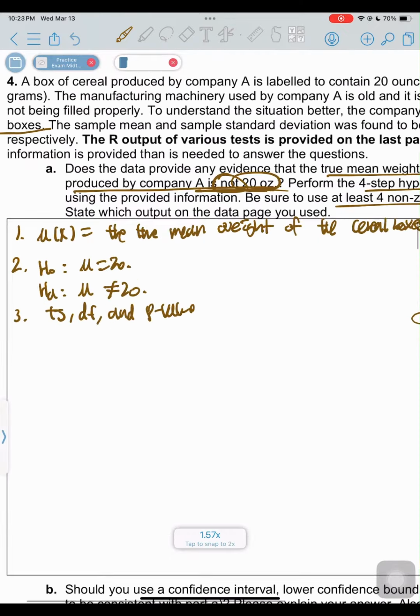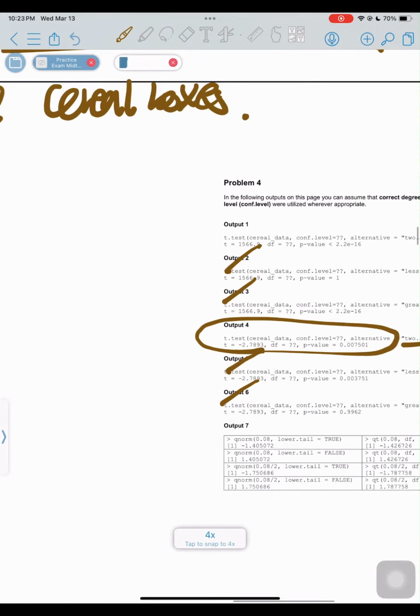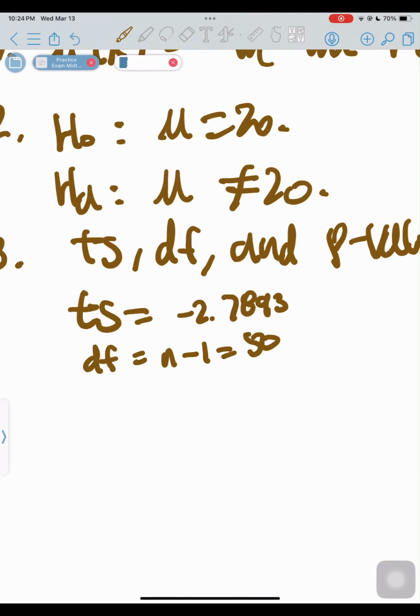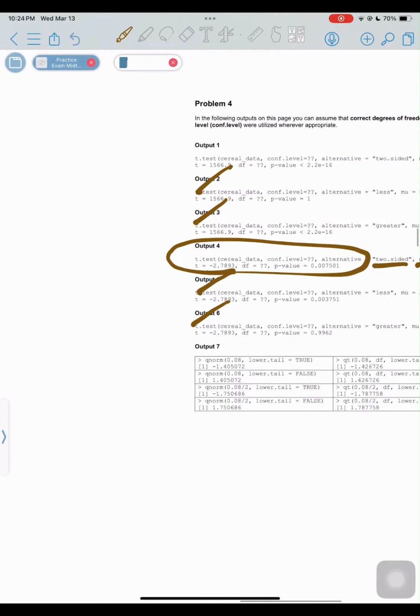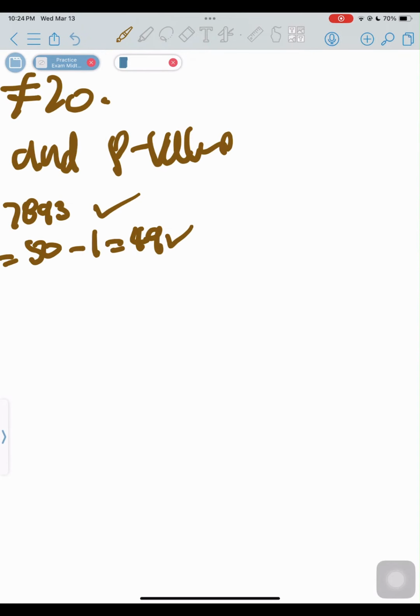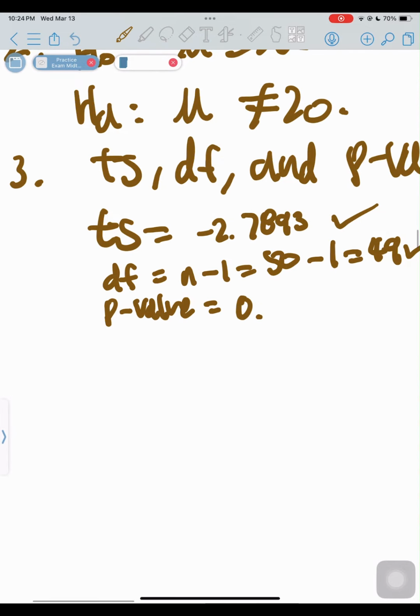Okay, so now we just have to state the test statistic value, which was negative 2.7893. And the DF value is just n minus 1, which is 50 minus 1, which is 49. And the p-value, which we just have to copy from the output, is 0.007501.